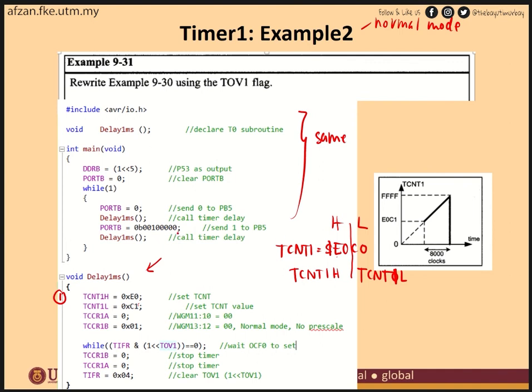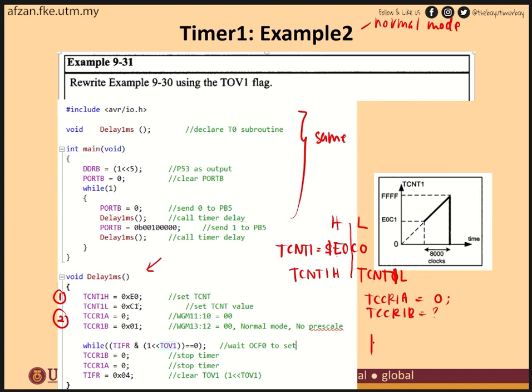Right, and then step number 2, set your TCCR register. Okay, we have two TCCR, TCCR1A and TCCR1B. So TCCR1A always 0. What about TCCR1B? Depending on your setting lah.